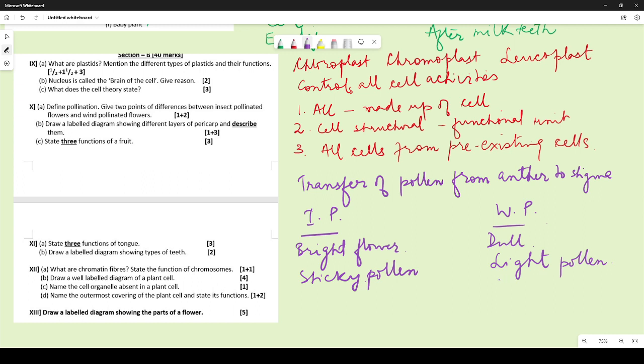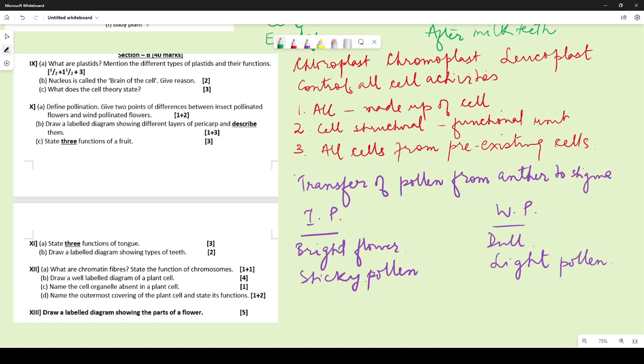Draw a labeled diagram showing different layers of pericarp and describe them. You can show them. The different layers of the pericarp are the epicarp, mesocarp and the endocarp. When you describe them, the epicarp is the outermost covering, the paper thin covering, which is mostly removed before you eat the fruit. Mesocarp is the fleshy layer.